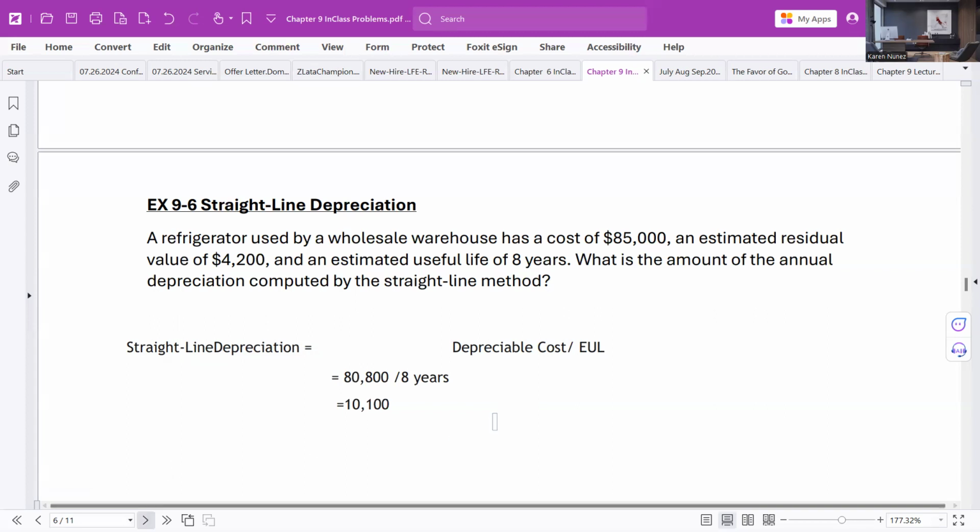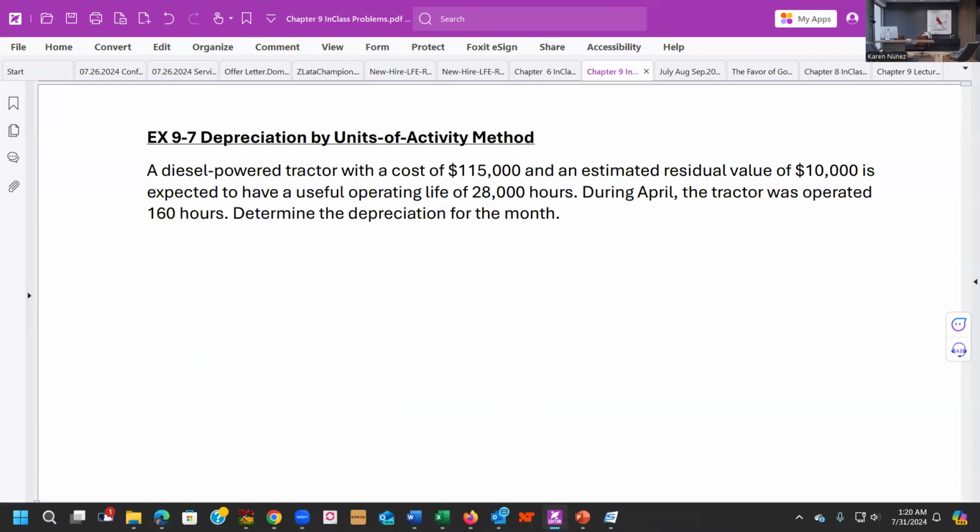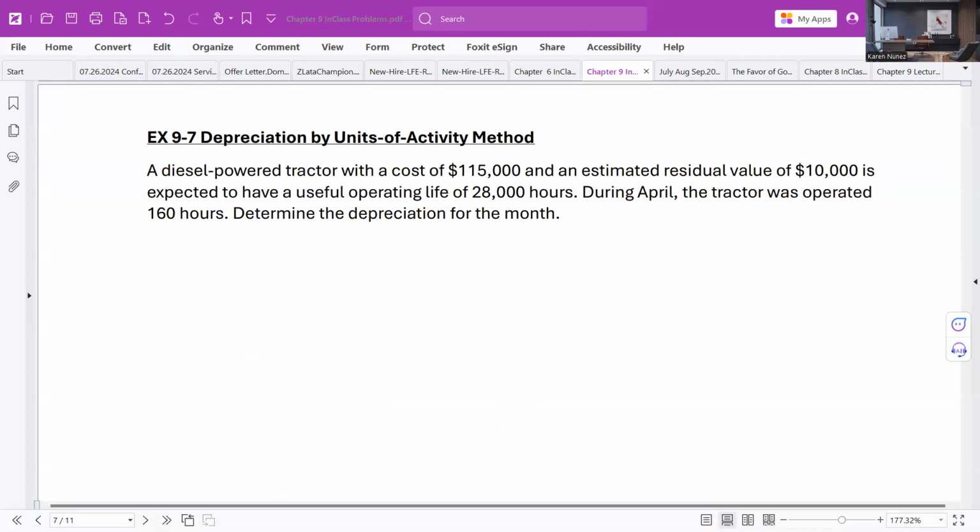So the next exercise is the units of activity method. So the depreciation rate, in this case, is going to equal the depreciable cost over the estimated useful life.